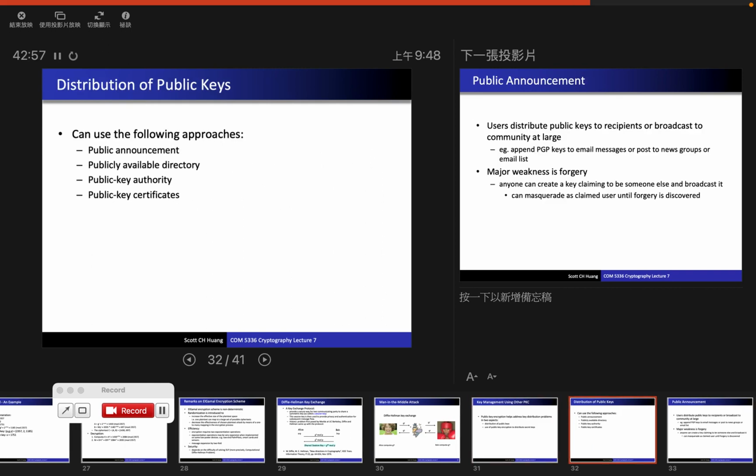Okay. But the thing is, we really need to know who is the legitimate user. So distribution of public keys is important. As I said earlier, there's the man in the middle problem.